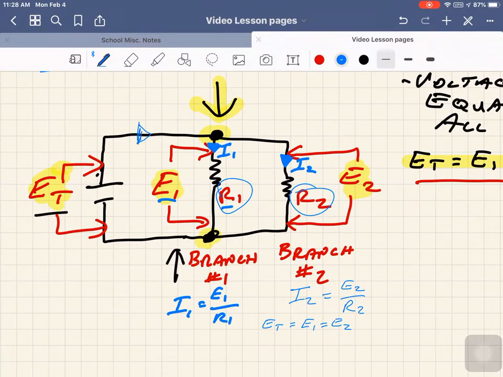Okay, so what we want to take a look at here now with the currents is our total current in this example, right? We call that IT. Okay, so here, if you take a look at this junction right here, that is called a node, or a junction.